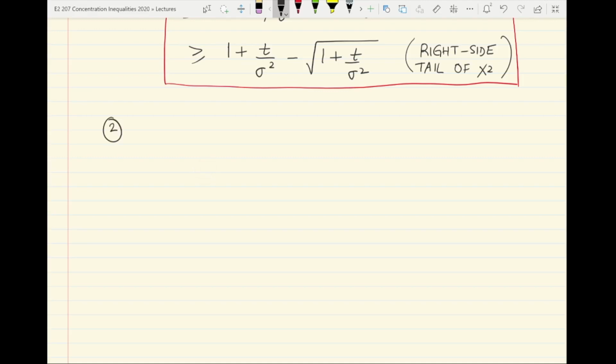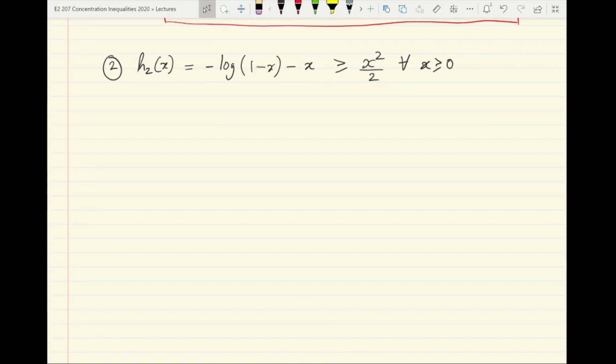So the second point here is that h2 of x, which is minus log 1 minus x, one can easily show by an exercise that this is greater than or equal to x square by 2 for all non-negative x.